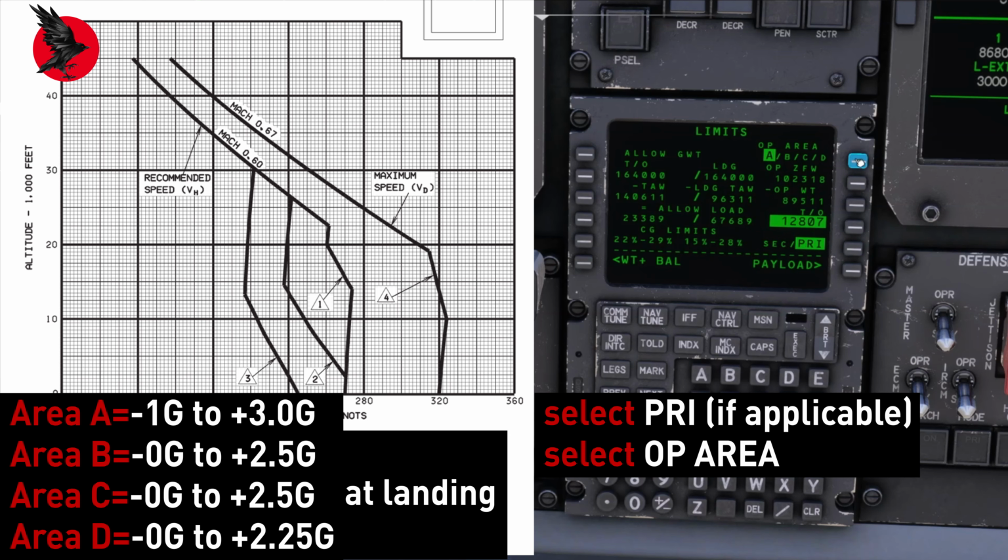And by scrolling through the operating areas, we can see the maximum payload weight for that operating area. Note that sometimes this will be limited by our takeoff fuel load, and sometimes it will actually be limited by our landing fuel load.